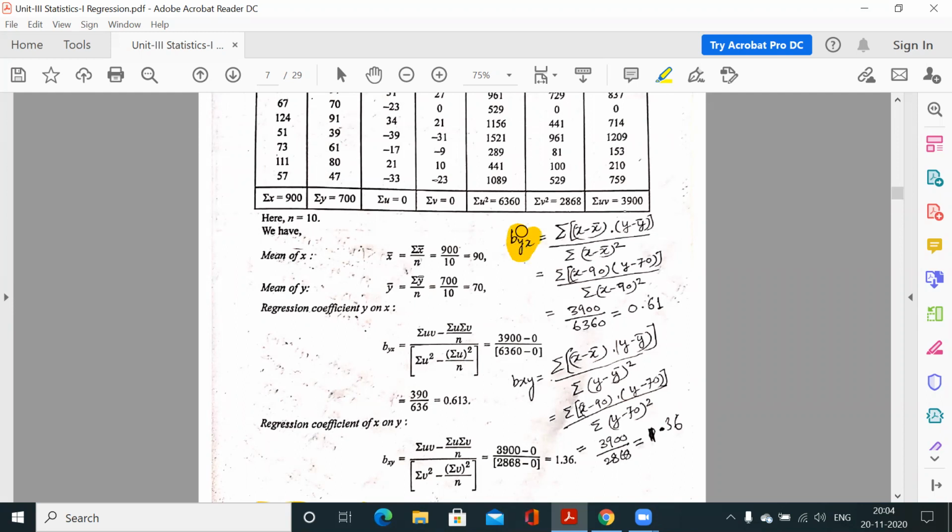So here b y x is the summation of x minus x bar times y minus y bar, divided by the summation of x minus x bar square. If you remember, this is the formula for the regression coefficient of y over x. For this again we need x bar, y bar, the differences, and next the product and the square of differences.